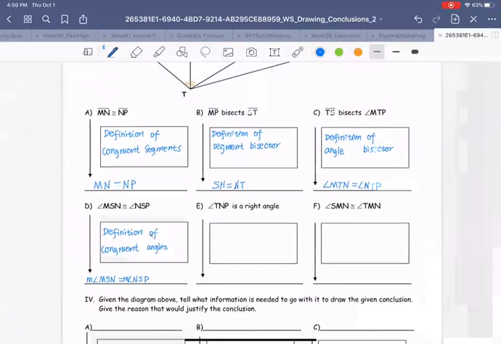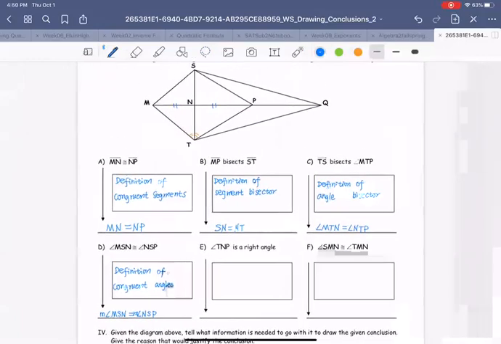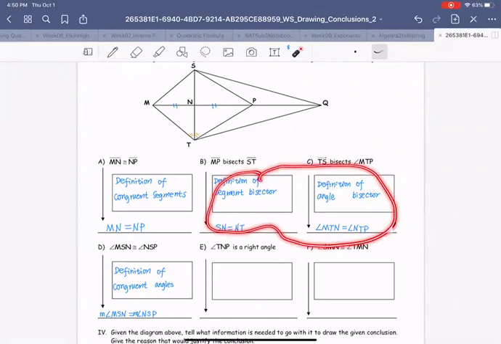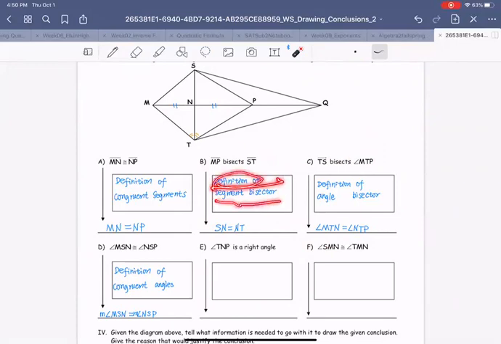That makes sense. Look at this. Let's see TNP is a right angle. This guy bisects the line segment, this guy bisects the angle. So when you write down the reason here, you write definition of segment bisector.